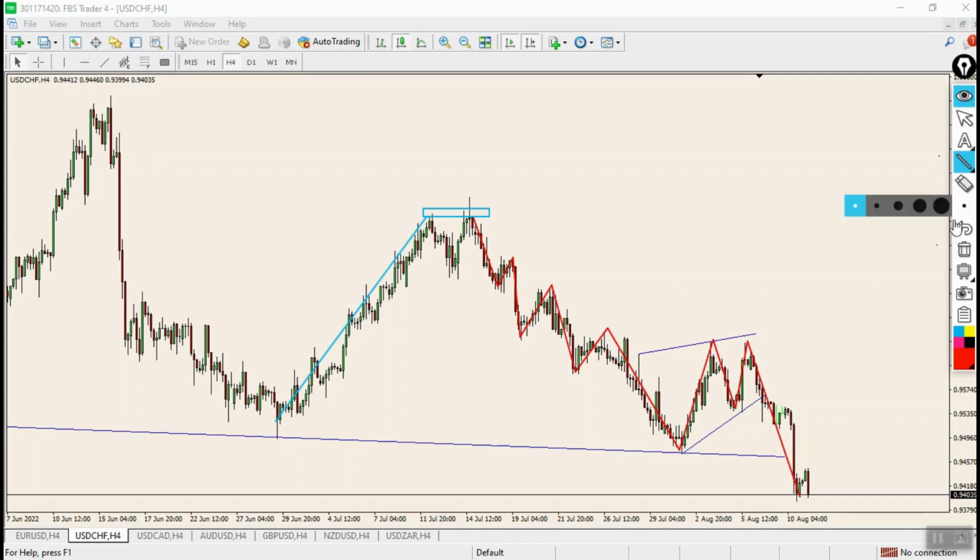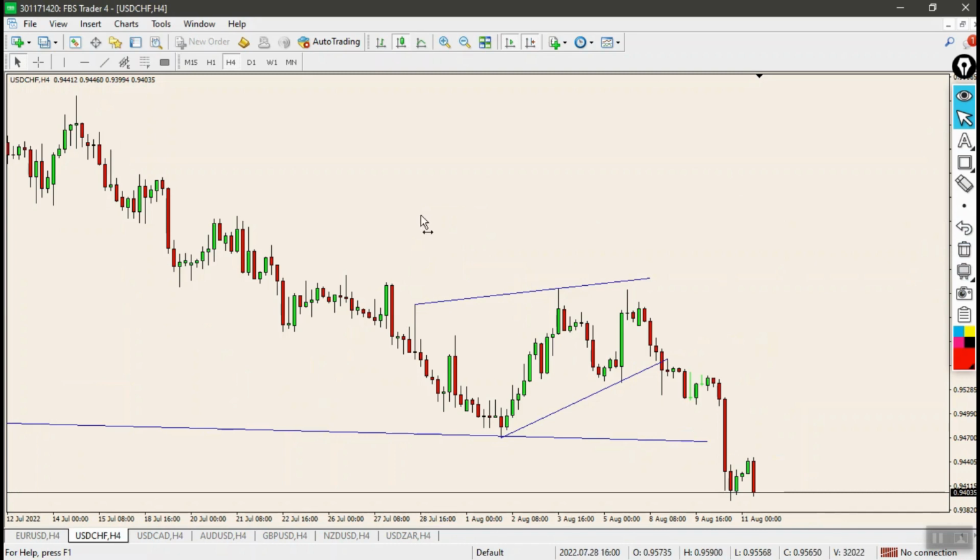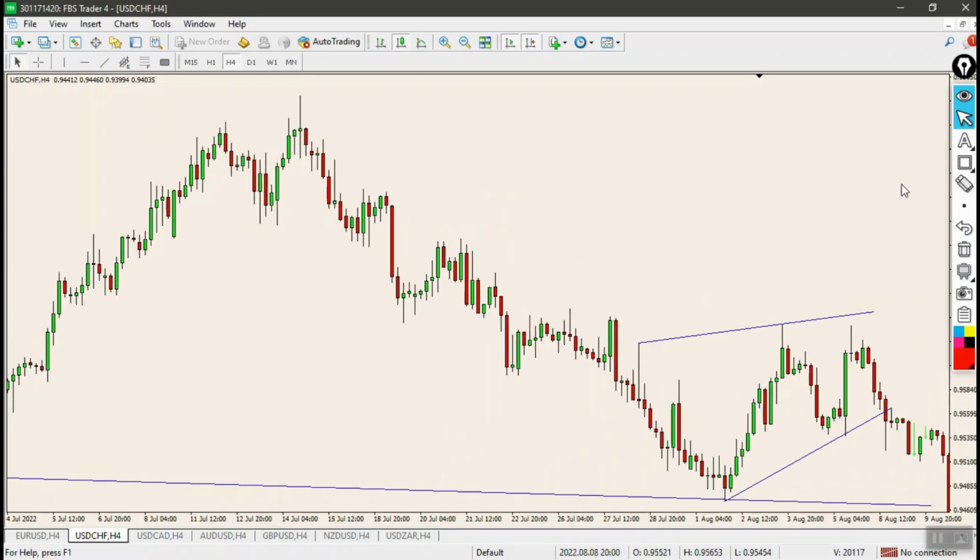Let me remove this real quick. So like I said, we have a reversal pattern here, double top, right, which is already an indicator. But also, if you were to zoom in, let's zoom in a little bit. If we were to zoom in right here, this could be a continuation pattern over here.